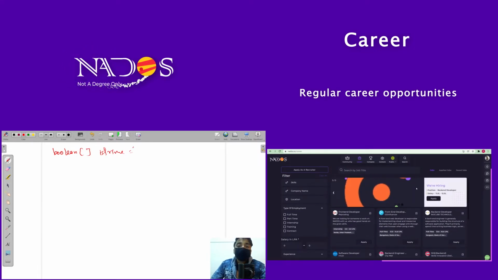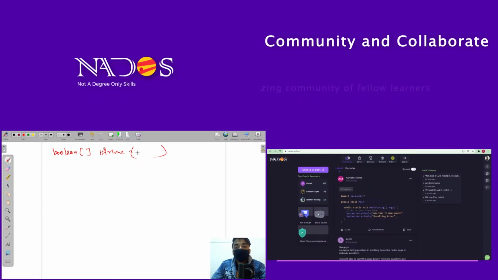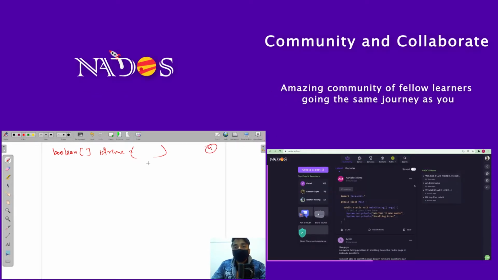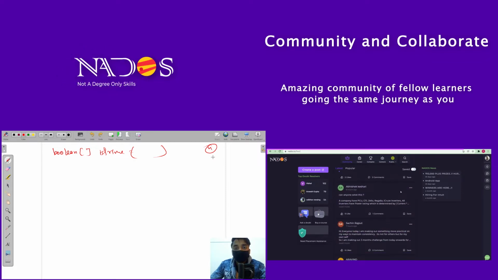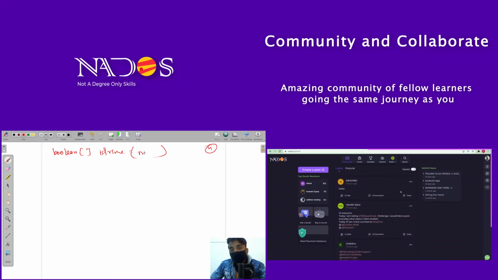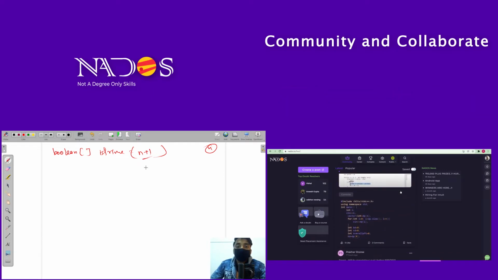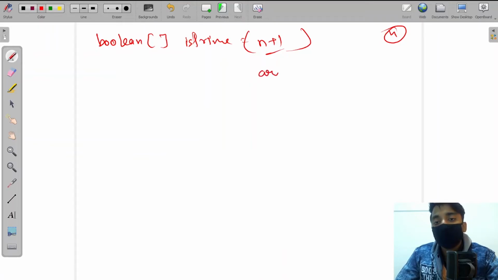The size of this will be n plus 1. We are given an n range, and this n is also included in that range. In an array, if we give an array of size 10, it will give indexes from 0 to 9.